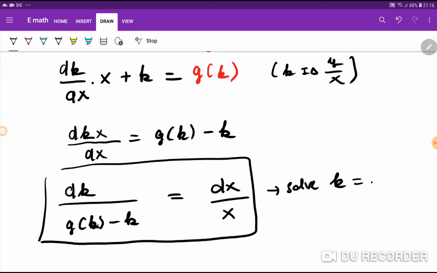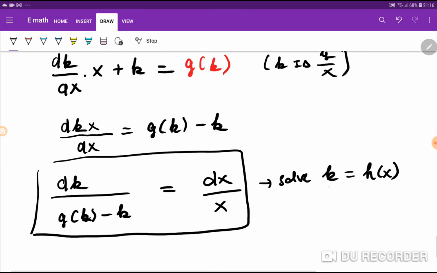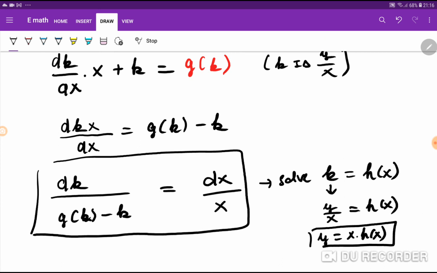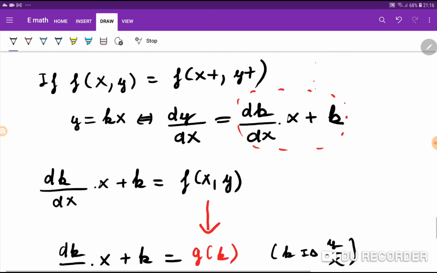Let's say k equals h(x). Later you solve for y, because remember k is y over x, so y over x equals h(x), so y equals x times h(x). That's the way you have to solve it.